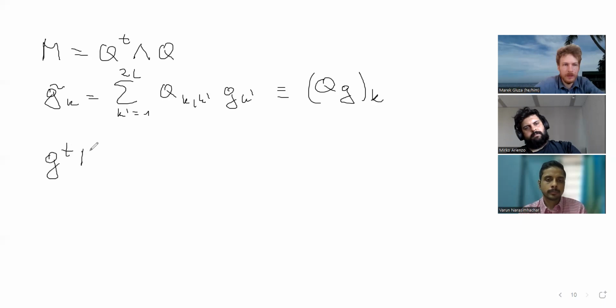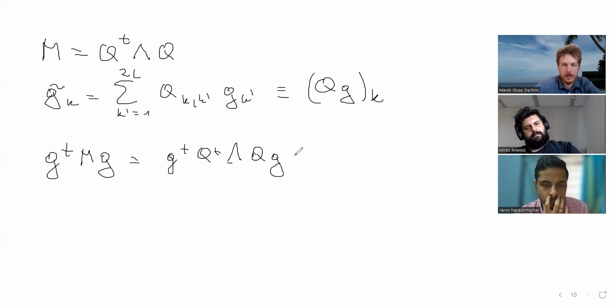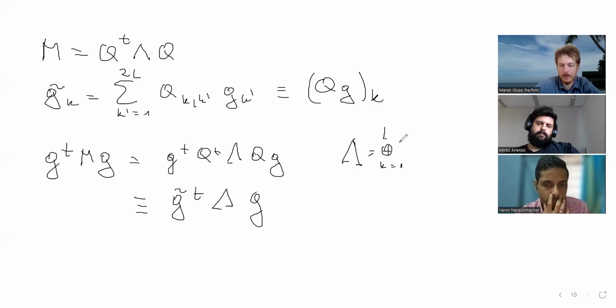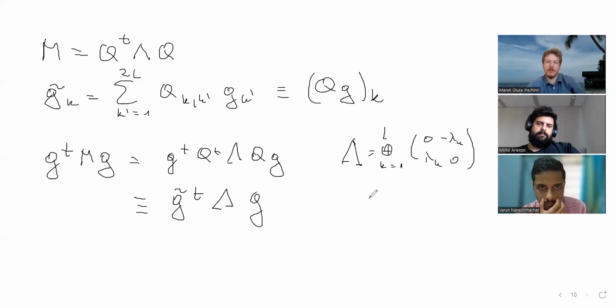So if I have a quadratic form written like this, I can write this as a quadratic form for those tilde generators. And I have lambda, G. Now what lambda was a direct sum from k equals 1 until L. So those blocks are 2 by 2, which means I'm dropping the 2L. 0 minus lambda k, 0, so like this.